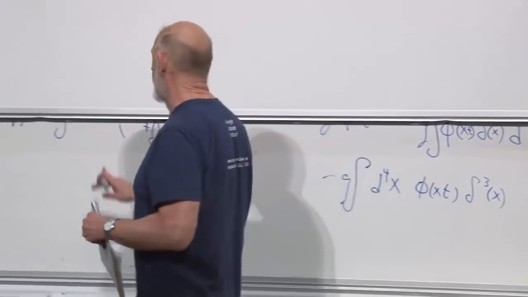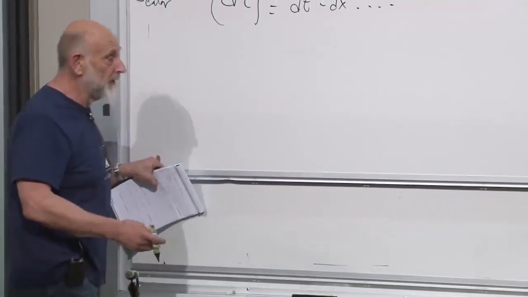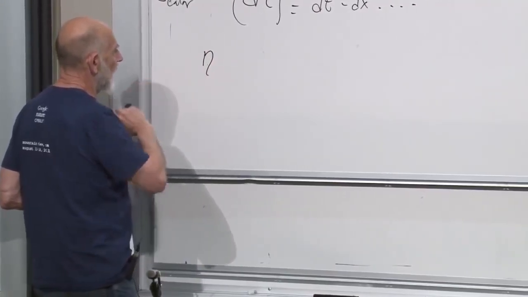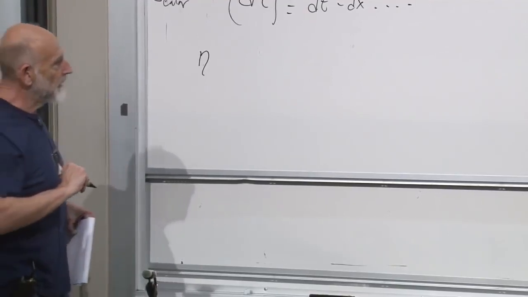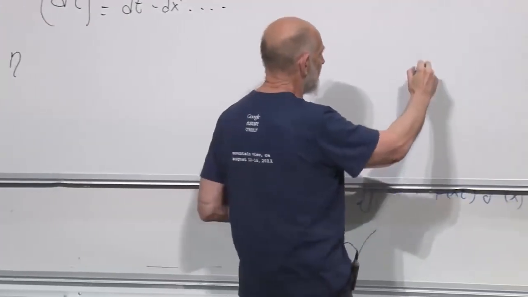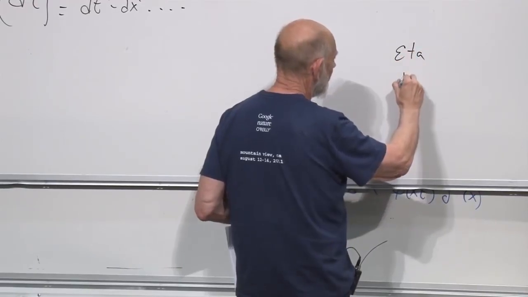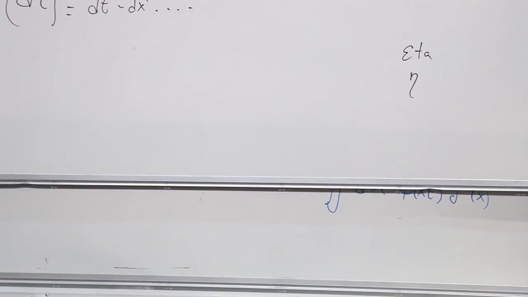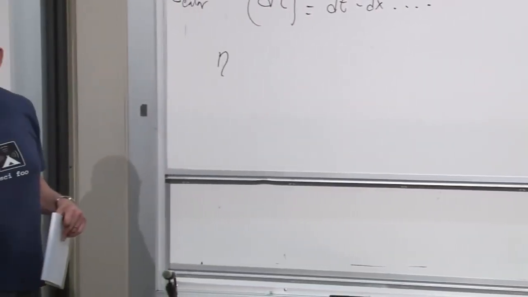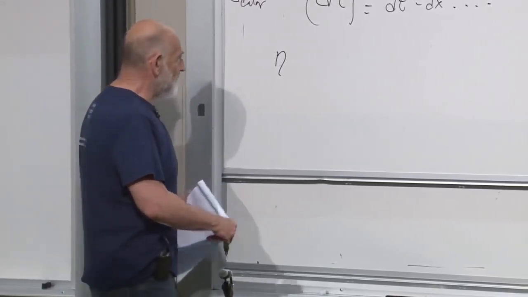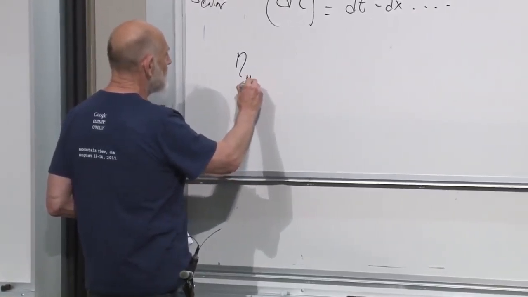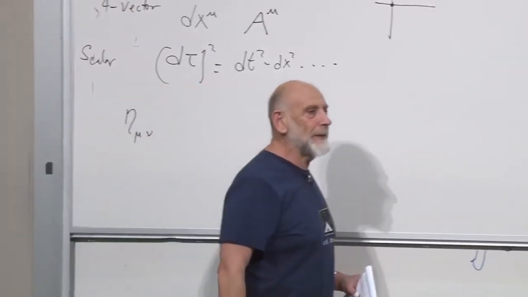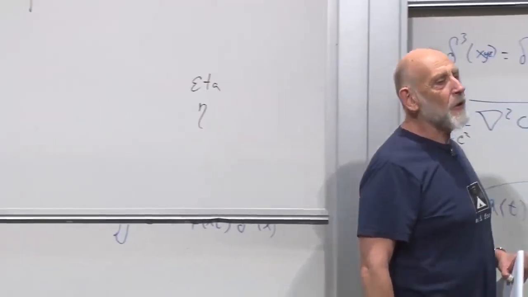The matrix has a name. It's called the metric. In special relativity, it's usually denoted eta. Eta is the Greek letter, E-T-A, and it looks like that. Eta is a matrix. It stands for a matrix, and the matrix has 2 indices, mu and nu. But it's a very simple matrix. It's practically the identity matrix, but not quite.